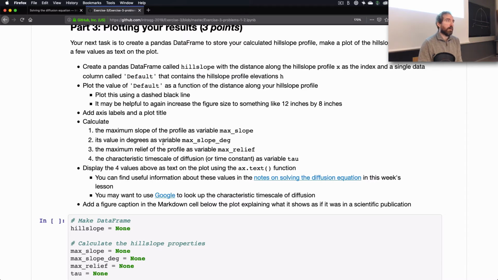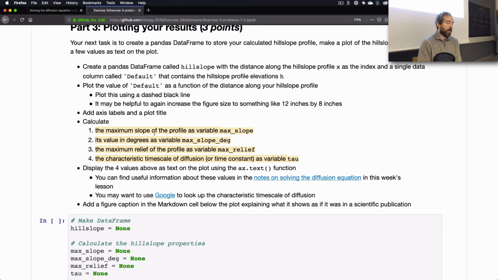So it's kind of like what we had done in some of the earlier exercises where we had some value that was calculated, put it into a column in a pandas data frame, and then you can plot the results using the normal pandas plotting. So in this case, we're going to call our column default, and then you'll plot that with a black dashed line and add a few things on here. So I mentioned that you might want to take a look at that how to solve the diffusion equation thing.